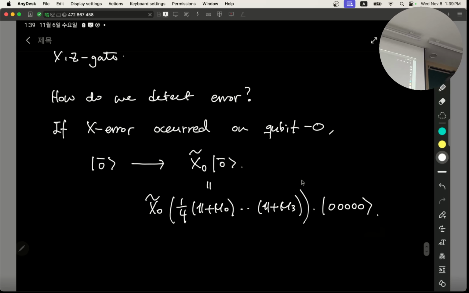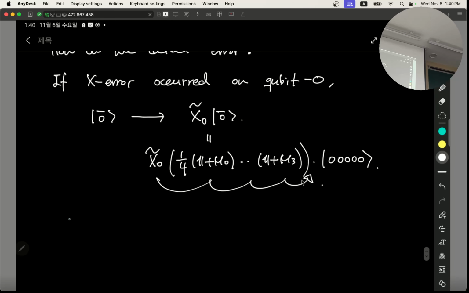Okay, so X0 occurred. I'm not going to use the long superposition form of x0 bar. Instead, take this X error as if it's a gate, because that's how we conceptualize the error, as if it's just an unwanted gate applied to a certain qubit. I'm going to move this around all the way down to here and see what happens along the way.